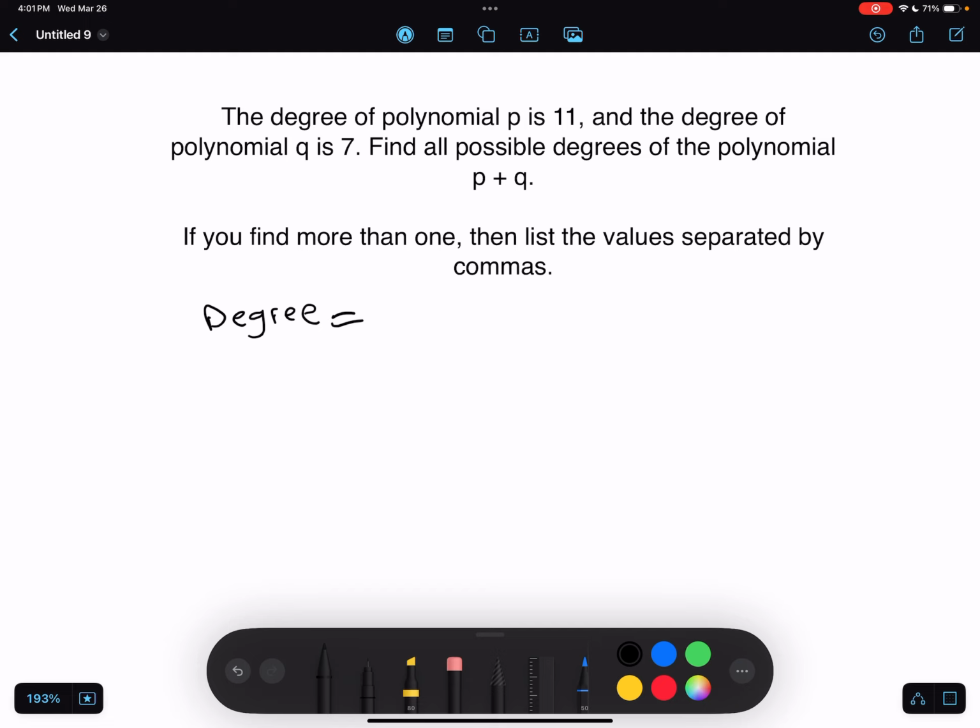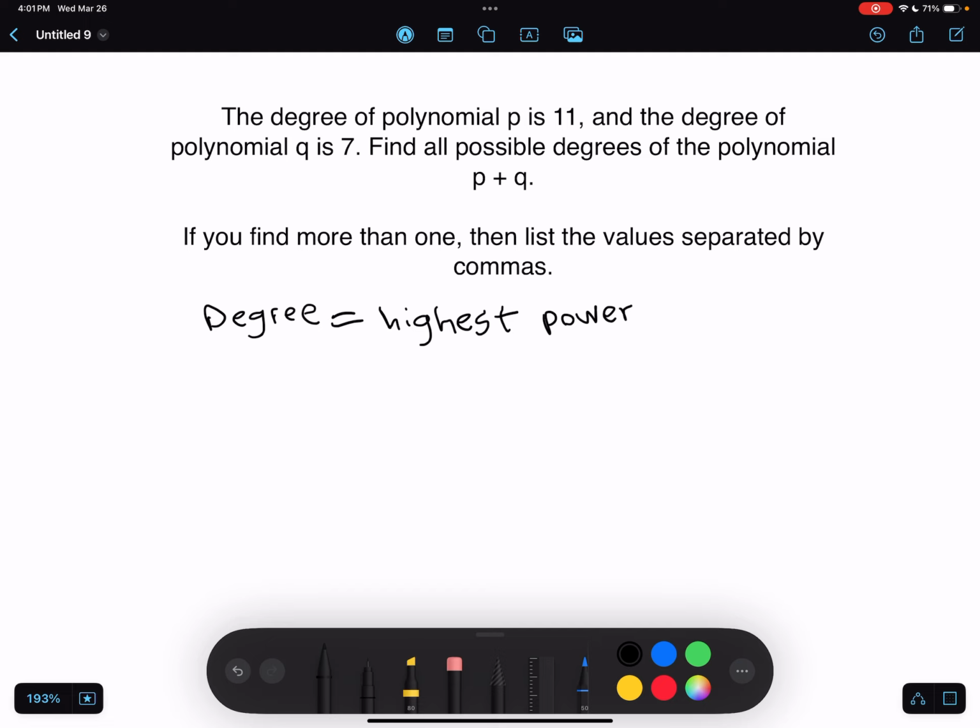So when it comes to polynomials, the degree is the highest power within that polynomial. Basically all you have to do is look at all the exponents and find the exponent that's the highest compared to everything else. That's going to be your degree.